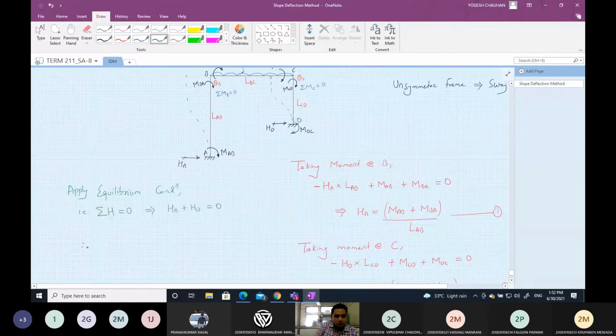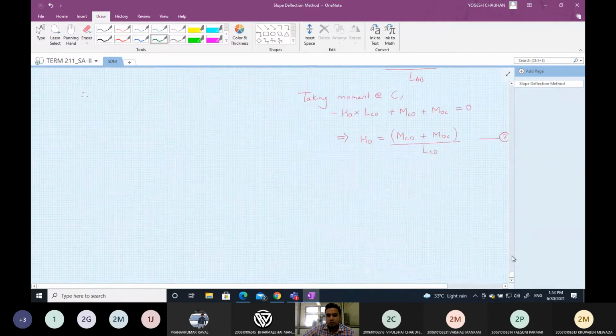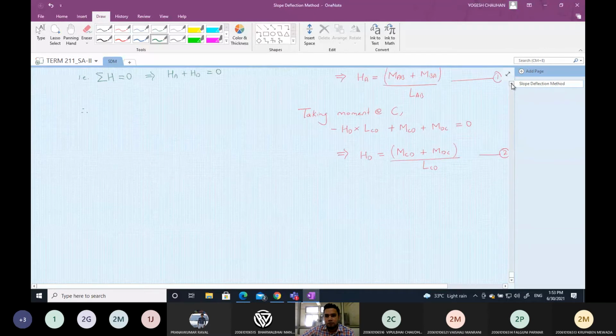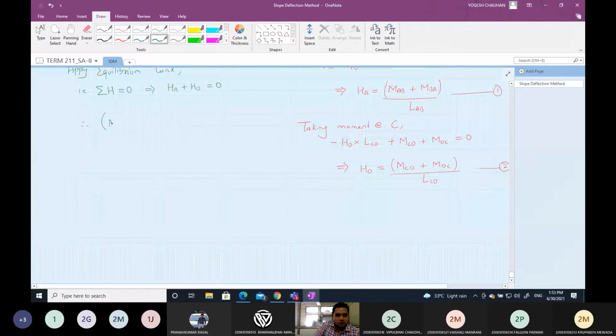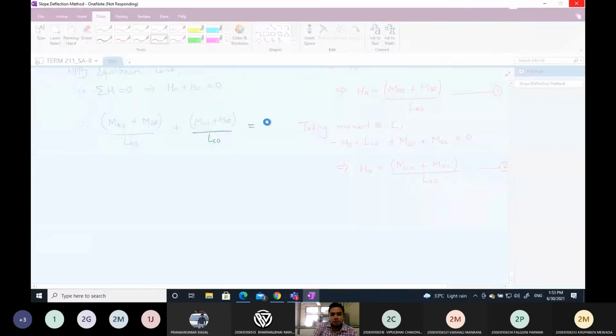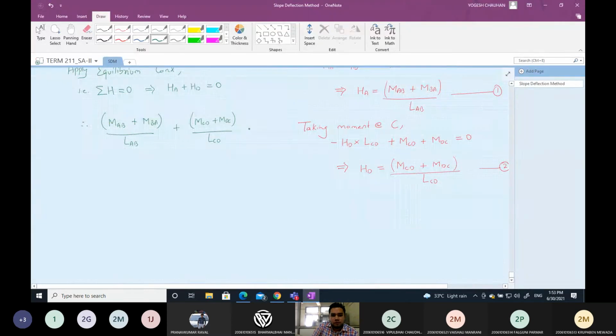So the additional condition for this particular case is MAB plus MBA divided by LAB plus MCD plus MDC divided by LCD. This should be equal to 0.